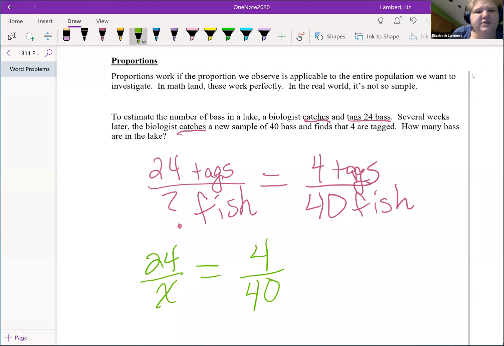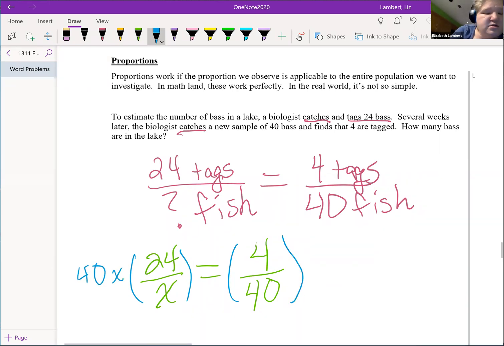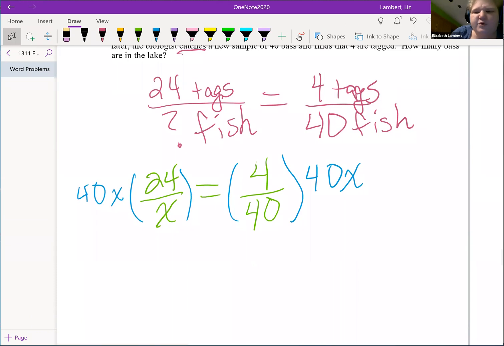And then to solve this equation using the clearing fractions trick, which is always fun to do, our common denominator is 40 times X. And I don't know what 24 times 40 is, and at the moment I don't care. I am just going to leave it as 40 times 24.